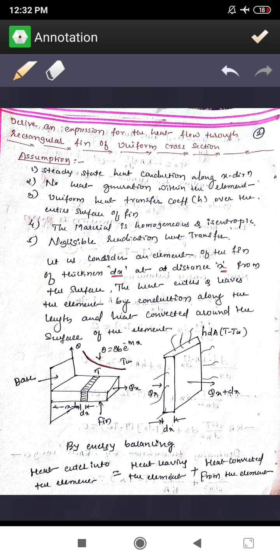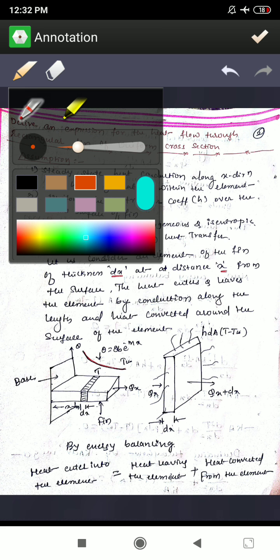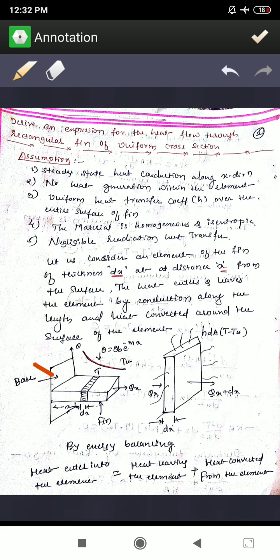Next, to derive the expression for the heat flow through the rectangular fin of uniform cross section, we have to take a figure. Here it is a base plate, and this is the extended surface.